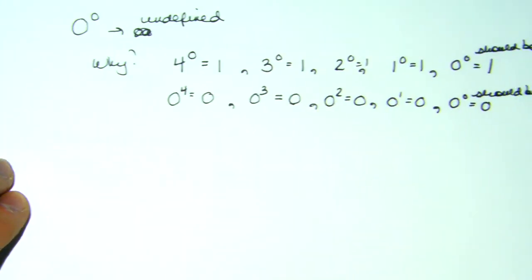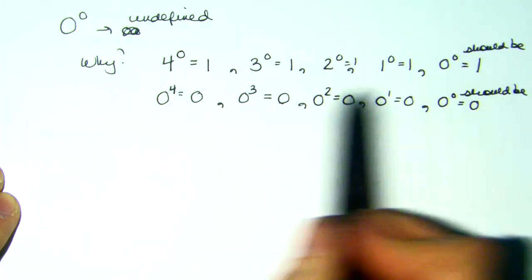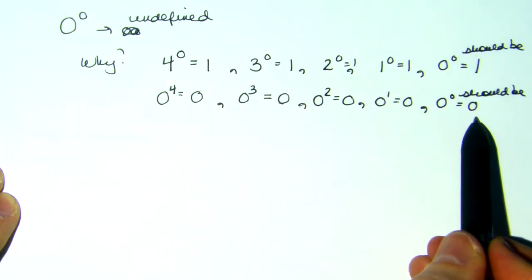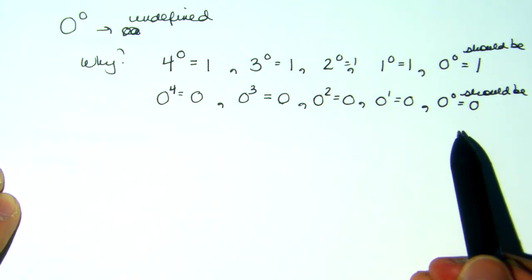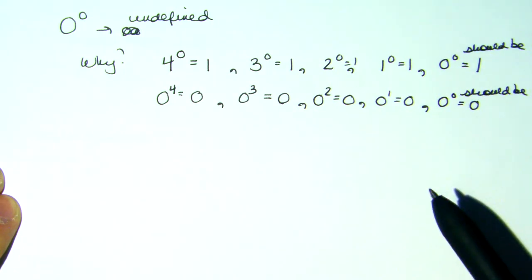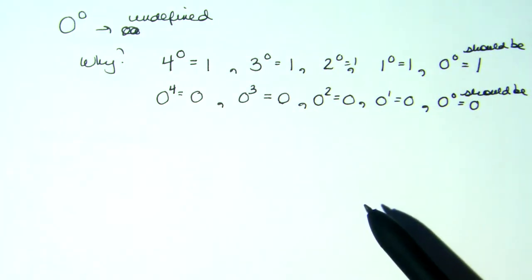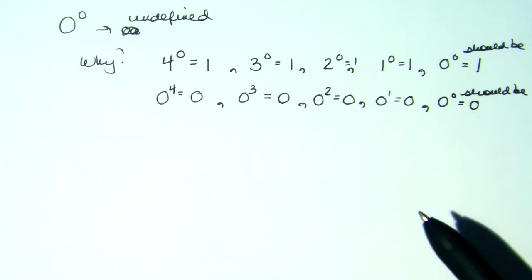I've got 2 very valid patterns here. One of them tells me 0 to the 0 should be 1. The other tells me 0 to the 0 should be 0. That's not how math works. We need to get the same answer no matter what pattern we're using. So because we're getting 2 different answers, we have to say undefined. 0 raised to the 0 is undefined. If that confused you, don't worry too much about that. All you need to know is any number raised to the 0 gives you 1.